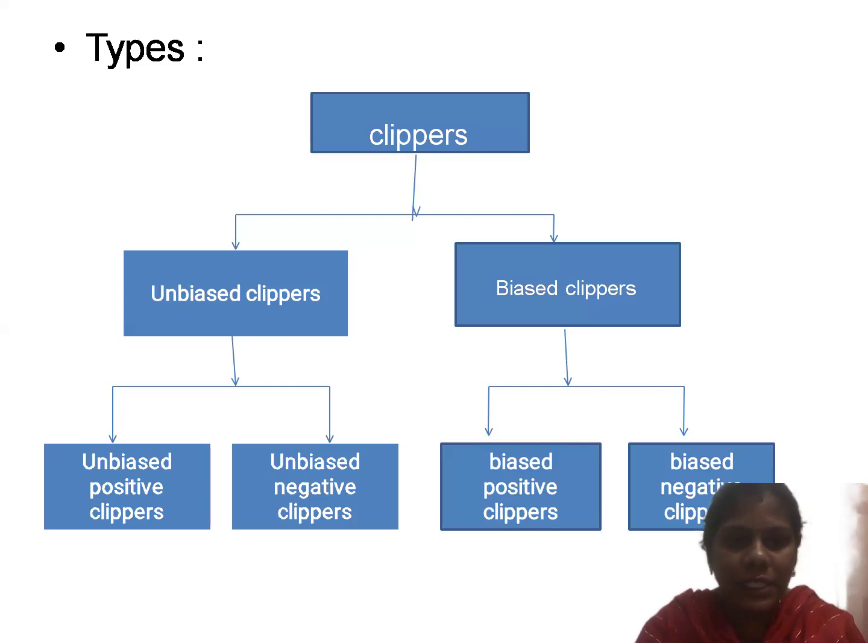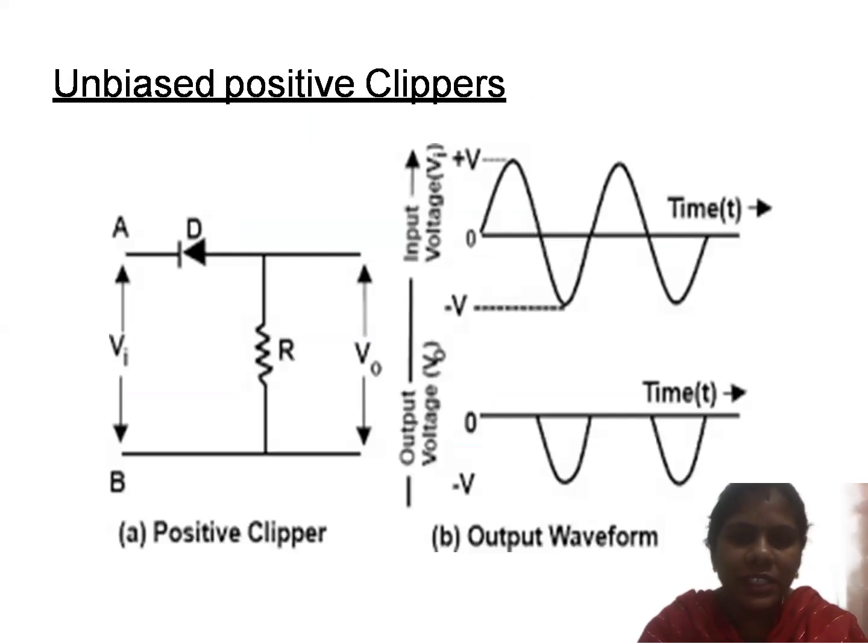Unbiased clippers are again divided into two types, that is unbiased positive clippers and unbiased negative clippers. Similarly, biased clippers are also divided into two, that is biased positive clippers and biased negative clippers. First we'll see the unbiased positive clipper circuit diagram, its operation and waveforms.